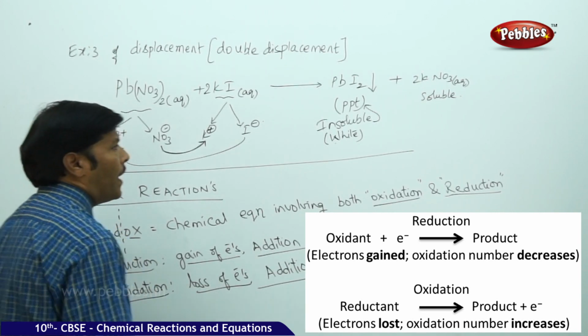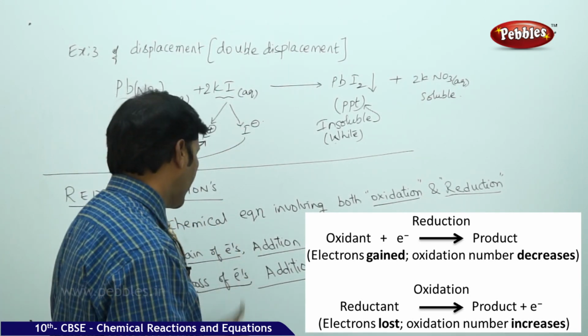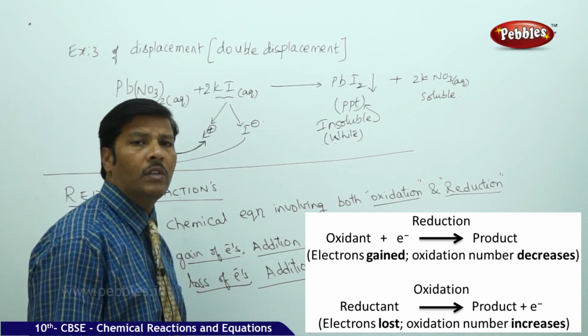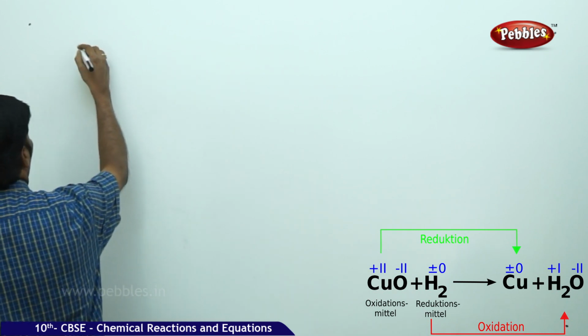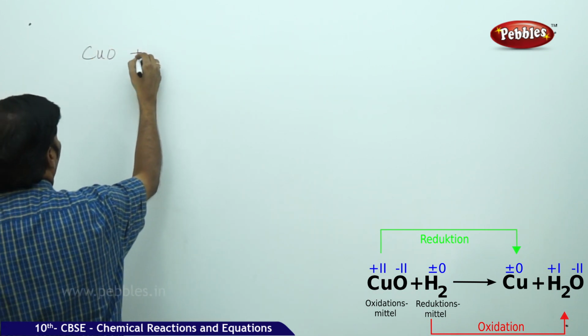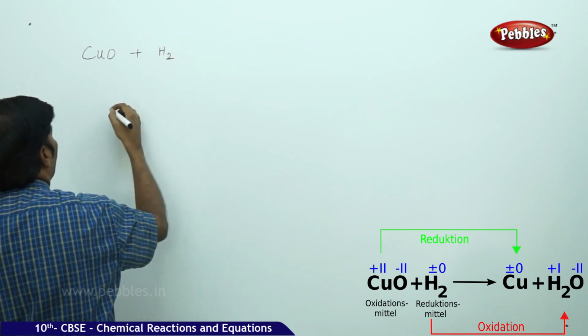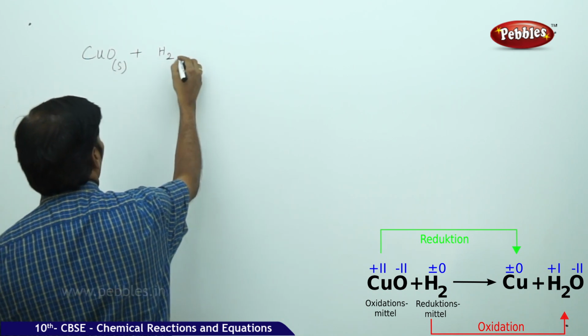For example, I can take some reactions, so we will study the reactions between reduction and oxidation. Here, if you take the equation, that is cupric oxide when treated with hydrogen. Cupric oxide is a solid, hydrogen is a gas.